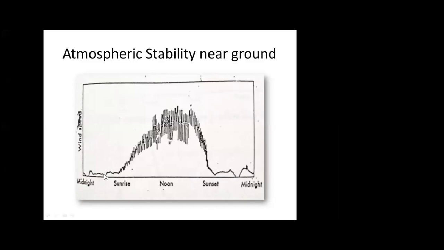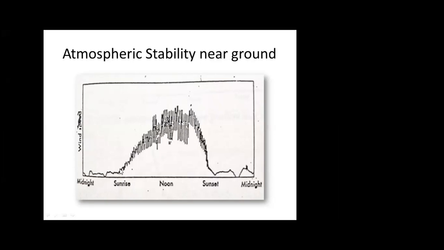what happens here is that in this period, midnight to sunrise and then sunset to midnight, these two conditions are called stable conditions. And the maximum turbulence, or the maximum speed, happens here at noon; this is called the unstable condition.